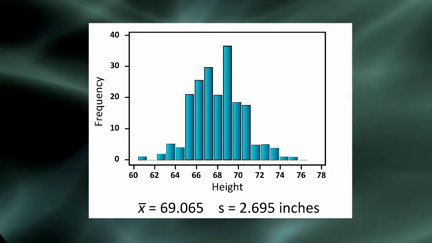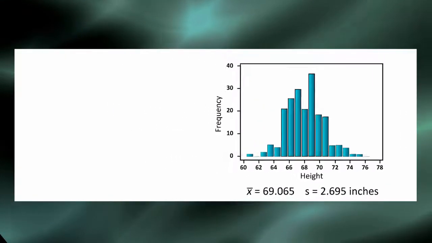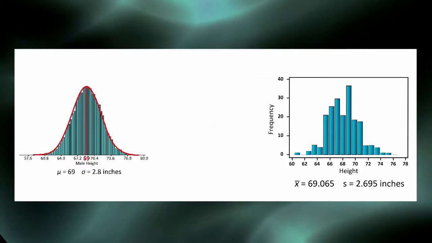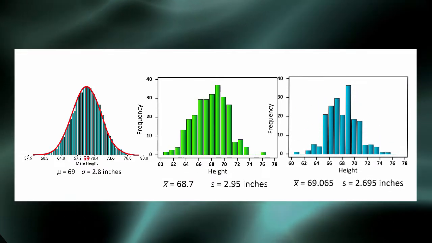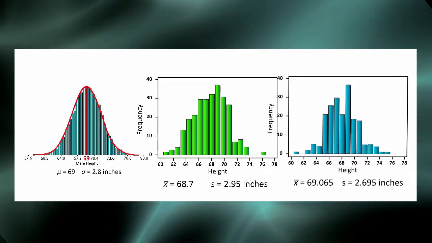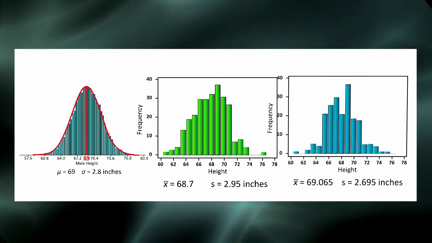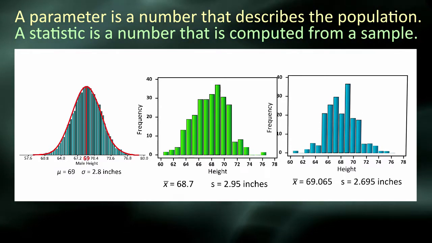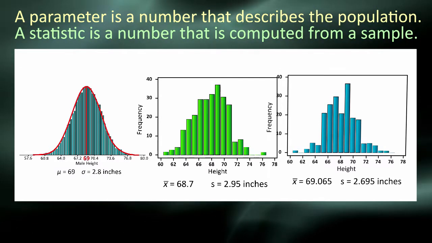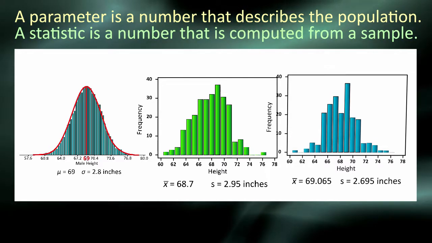While the sample results are pretty close to the population results, they're slightly different from the results we found in the first sample. In both of these examples, we have numbers that describe the population and numbers that describe the sample. A parameter is a number that describes the population, and a statistic is a number that's computed from a sample.